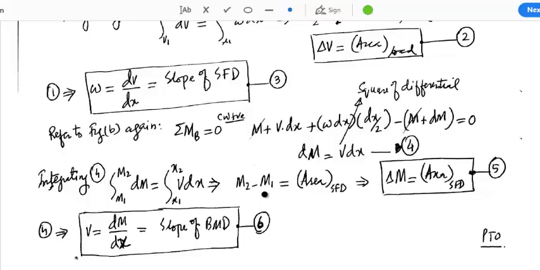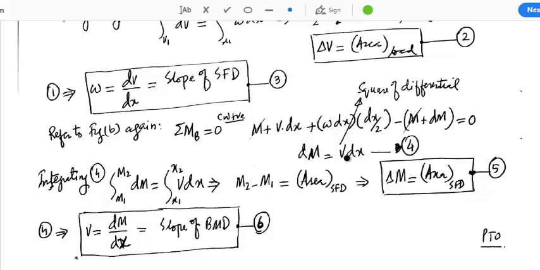And what is M2 minus M1? It is the change in moment. So the change in moment is equal to the area of the shear force diagram. This is another important relationship, and let's highlight it and mark it as equation number 5. This is one of the expressions that we will be using while drawing a BMD using the direct method.